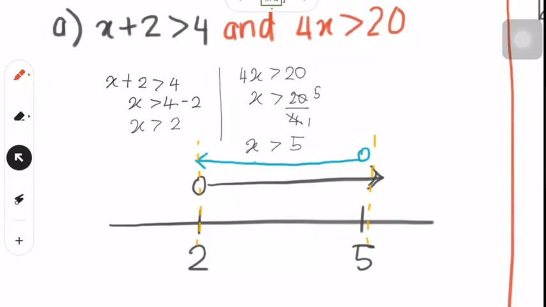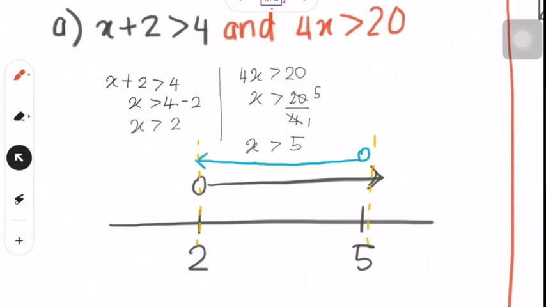Kenapa yang 5 tu dia ke belakang? Dia greater than right. Dia ke depan tu. Rizky. Yang biru tu betul ke Rizky? X is greater than 5.